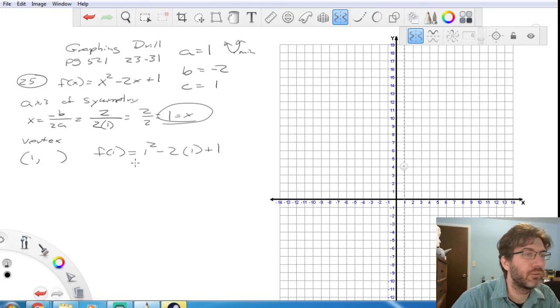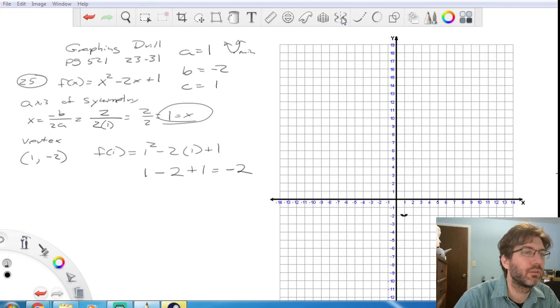In that case, 1 squared is 1, minus 2 times 1 gives you -2, plus 1 gives you that, and this all equals -2. So our vertex is at 1, -2, which is down here. I guess I don't like the symmetry tool all that much. It's right here.